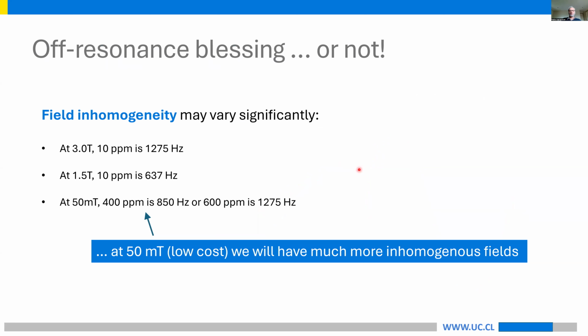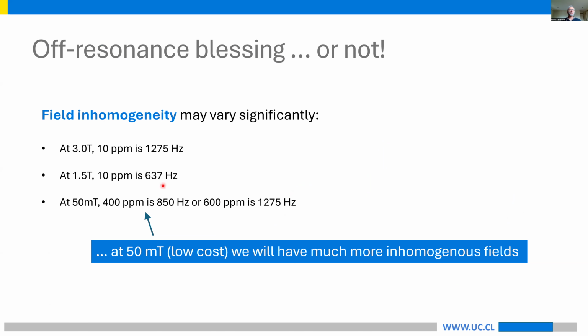So off resonance is a blessing for low cost, but maybe not. In fact, it's not, because the field inhomogeneity could be very different at 50 millitesla. So if you have, let's say, 10 ppm at 3 Tesla, which is probably something that you can get, we're talking about 1.2 kilohertz of difference.